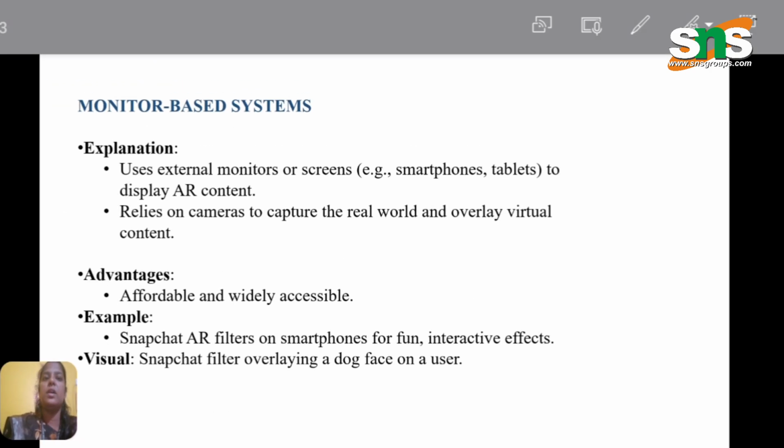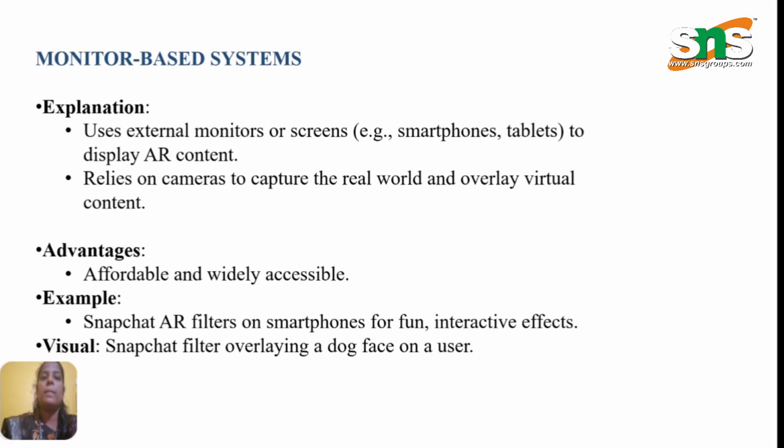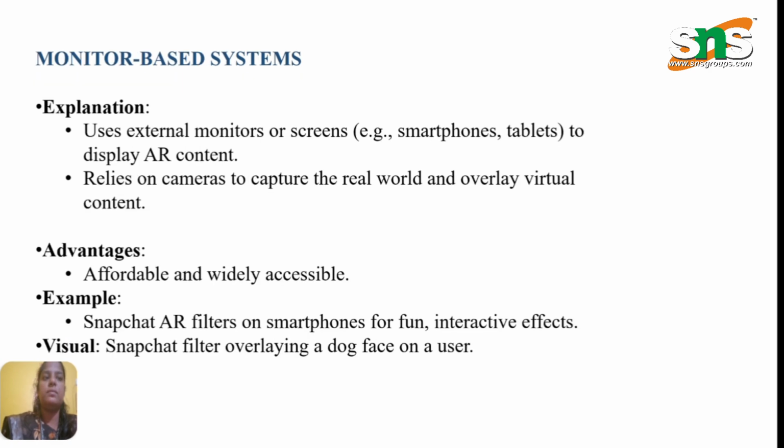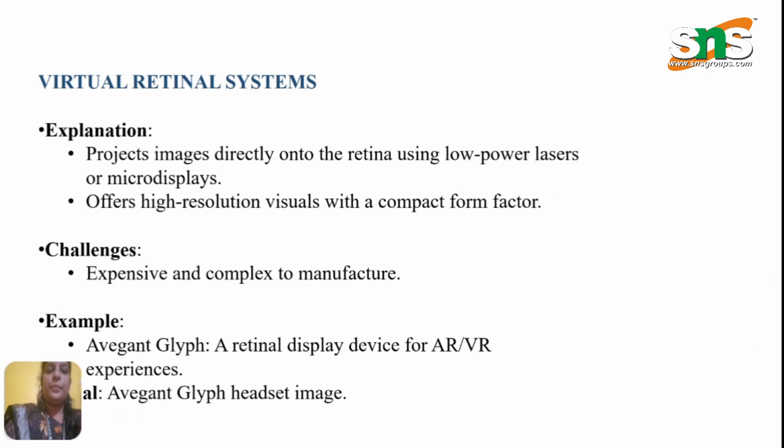Next we have the virtual retinal system. This is a futuristic AR device that projects images directly onto the retina of the user's eyes using low power lasers or micro displays.